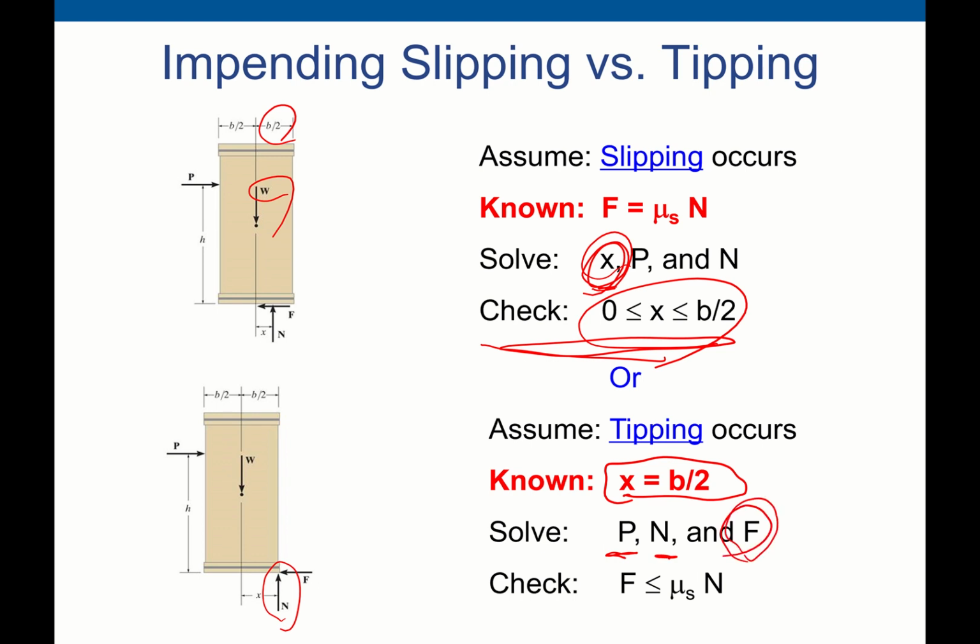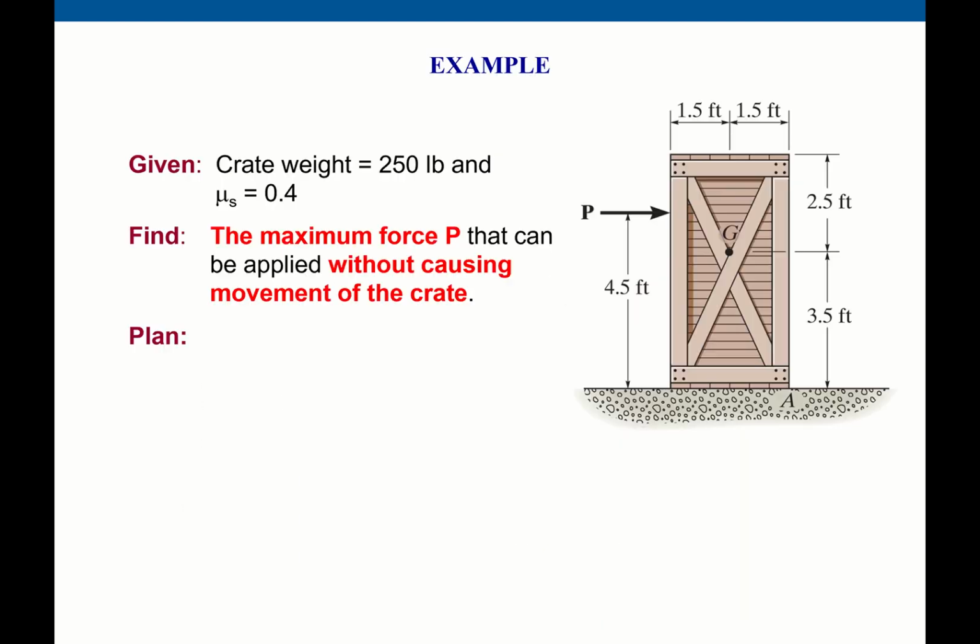Remember, this frictional force has not reached the maximum frictional force. Since this one is tipping, this condition must be satisfied: the frictional force should be less than or equal to the static frictional force, which is mu s times the normal force.